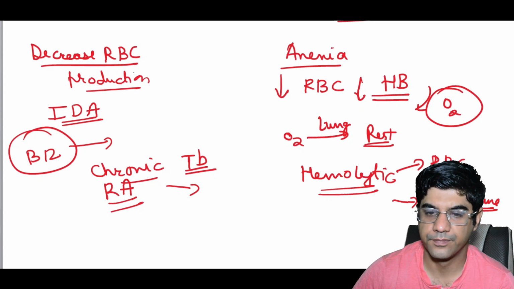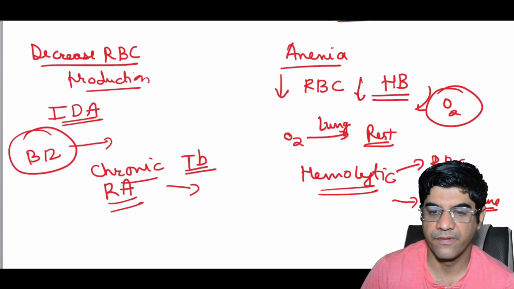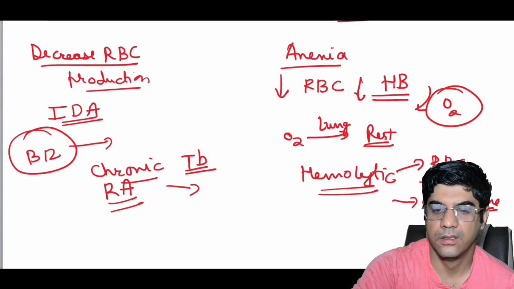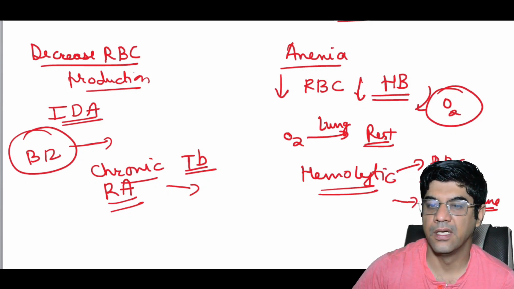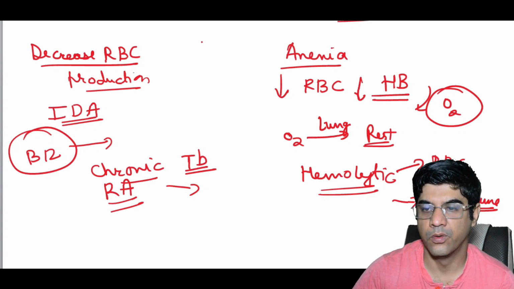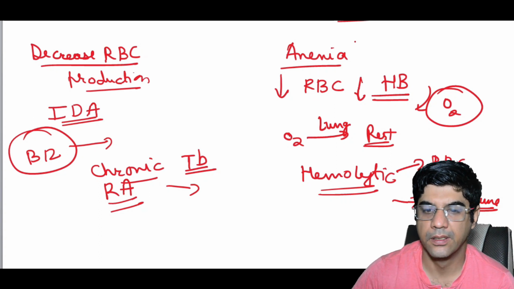Intrinsic cause could be when RBC structure or function is affected, like sickle cell anemia or thalassemia. When there is a disorder of hemoglobin, that could be sickle cell anemia, where abnormal hemoglobin distorts the RBC, leading to their premature destruction. Genetic disorders that result in abnormal hemoglobin production and RBC formation could be thalassemia.